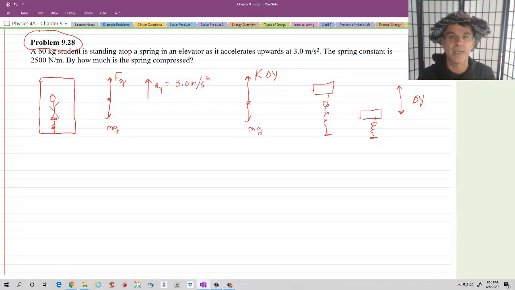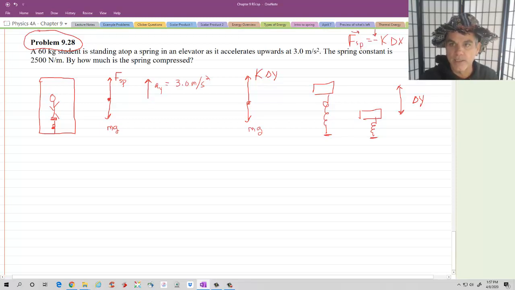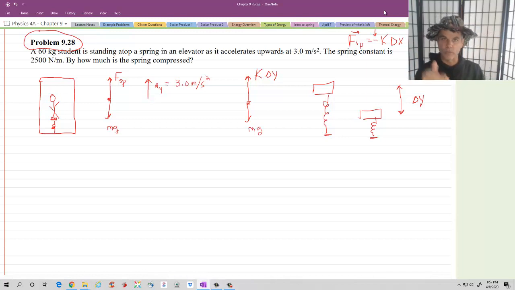That's what the minus sign is indicating in the force of a spring, negative k times delta x or delta y or whatever. This minus sign is telling us that whatever way the spring is compressed or stretched, the force it exerts is in the opposite direction. So here the spring was compressed down, it's exerting a force up.